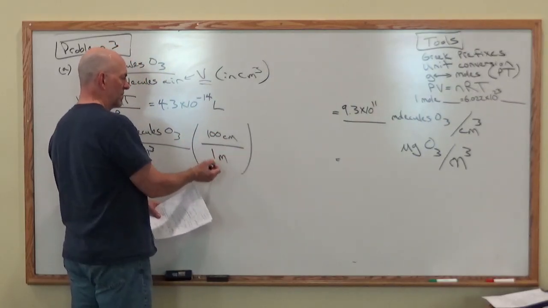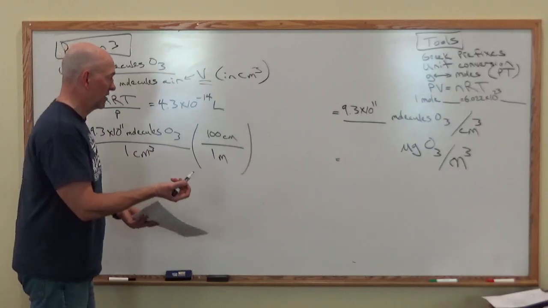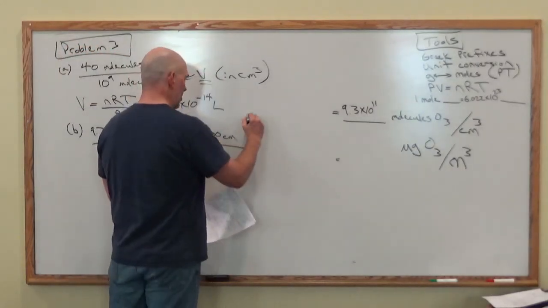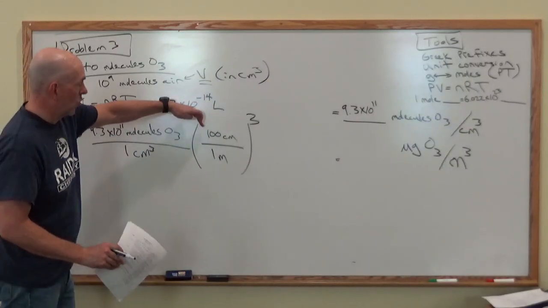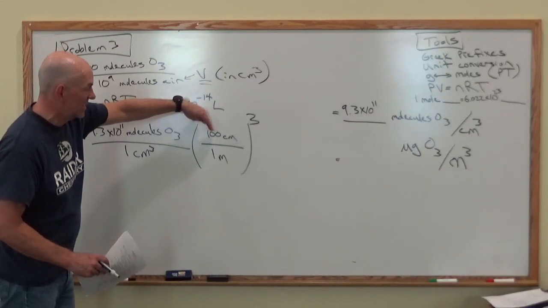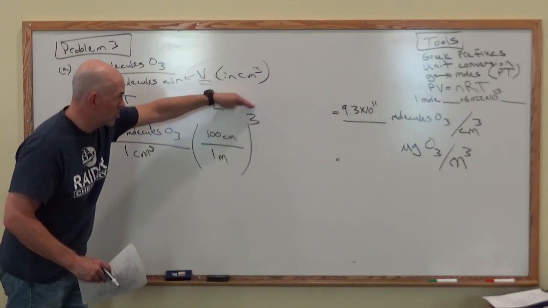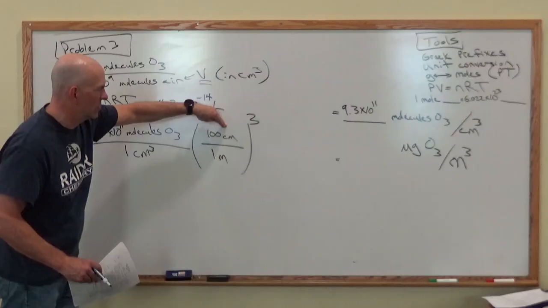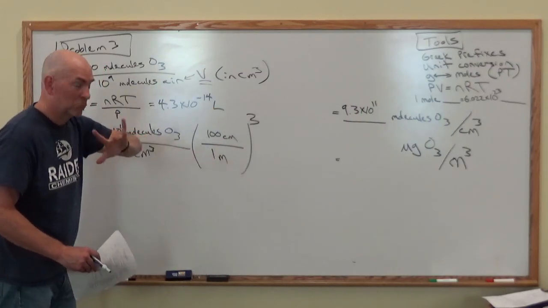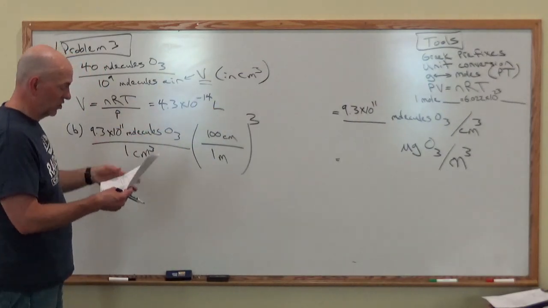Or you can do 1 centimeter is 10 to the negative second meter, it doesn't matter. But then I gotta cube that. So you have 100 cubed, or 10 to the second raised to the third. So it's gonna be 10 to the 6th cubic centimeters is 1 cubic meter. Good to know.